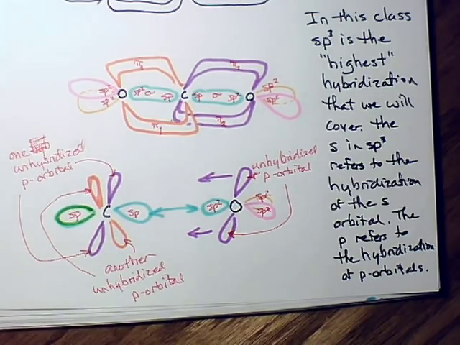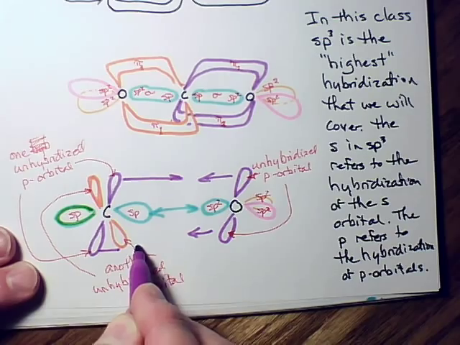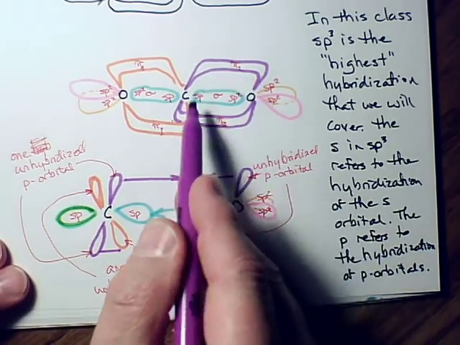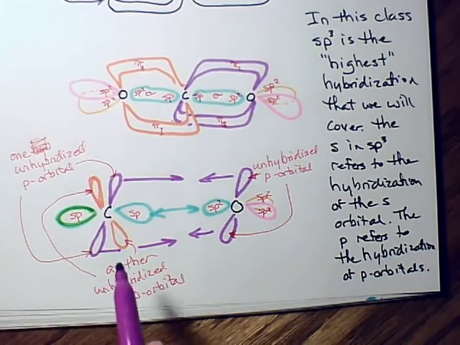If I hybridize an S and three P's, that's SP3. Does that make sense? And so the P orbitals here and here on this carbon and this oxygen, those are going to overlap to make that pi bond up here. Okay, and I'm not showing the other pi bond going the other way down here in this part of the drawing. Okay?